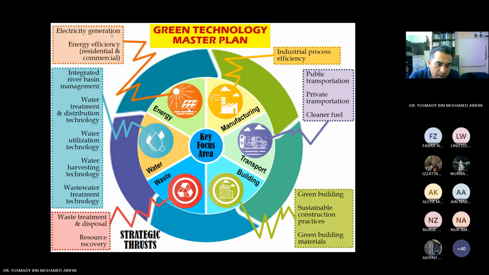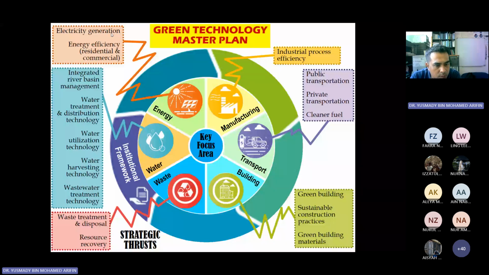Strategic thrust, in terms of implementation, also we have 1, 2, 3, 4, 5 strategic thrust involved with institutional framework, the process involved, promotion and also awareness. Explain to people the importance of the green technology, pollution, and so on. Market enabler involved with the company and so on.